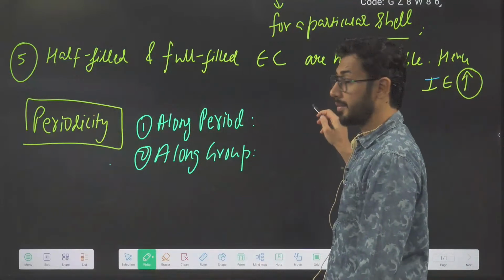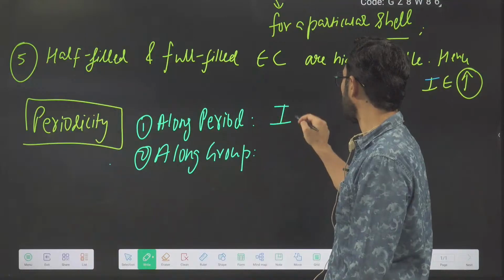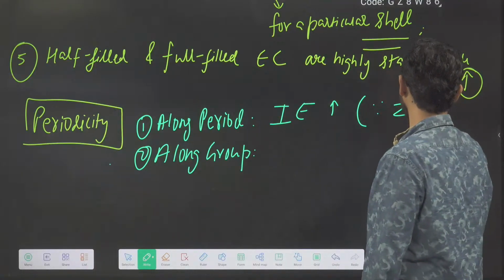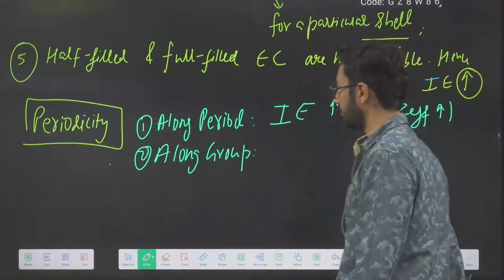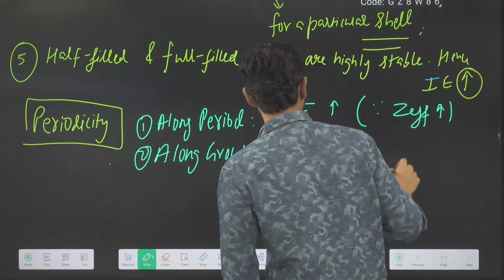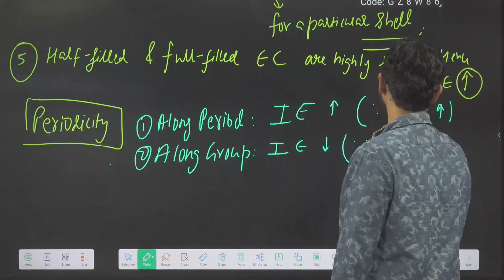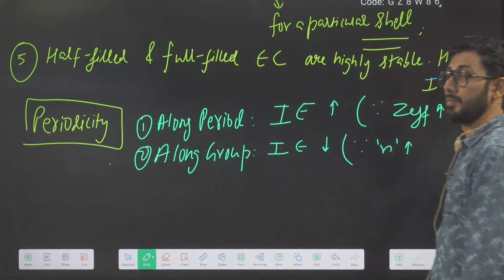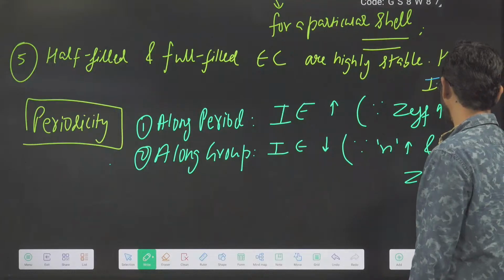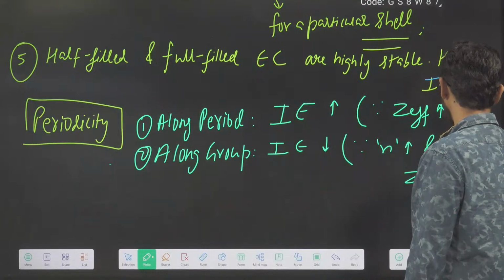Along the period, Z effective increases, IE also increases. Along the group, the general trend decreases. Why? Since what is increasing? Shells are increasing and Z effective is almost constant.